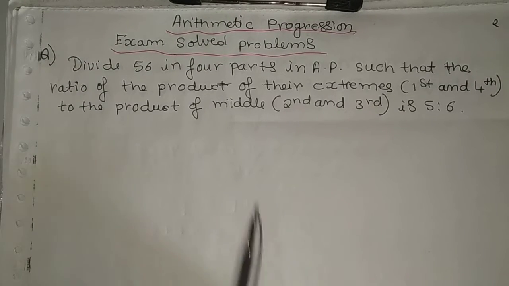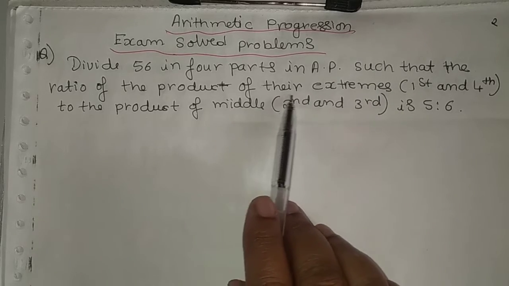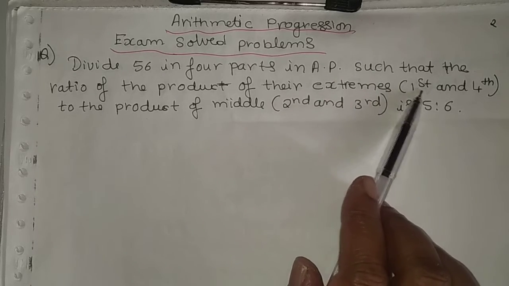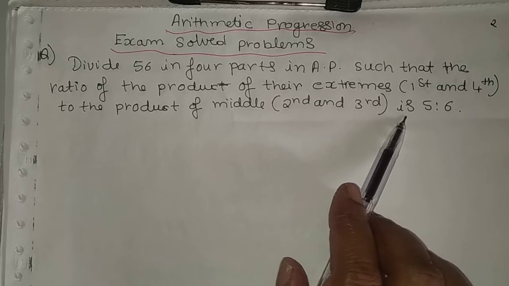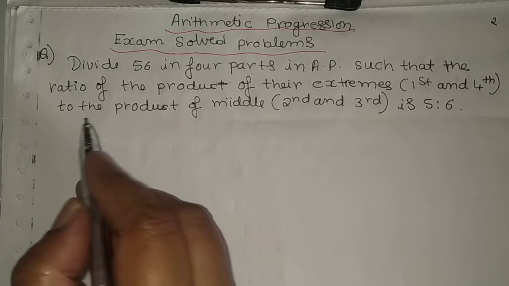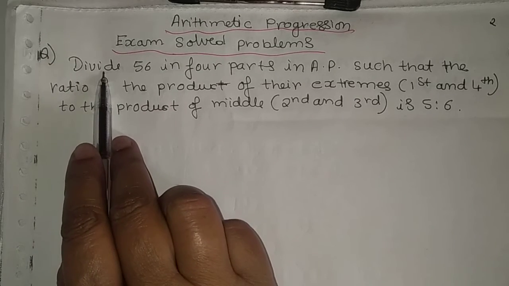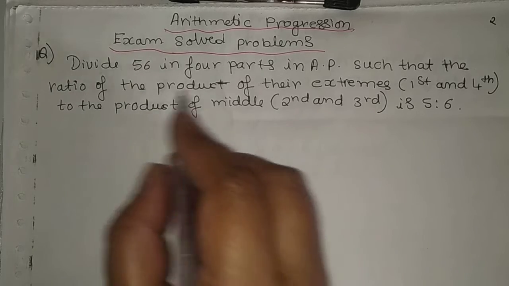Here, divide 56 into 4 parts in the AP such that the ratio of the product of their extremes, first and the fourth, to the product of the middle, second and the third, is 5:6. So we'll see what is the solution. They have asked in the question to make the 56 into 4 parts.